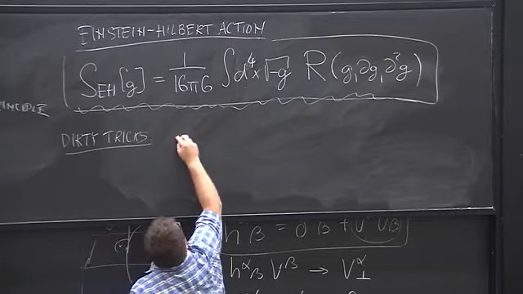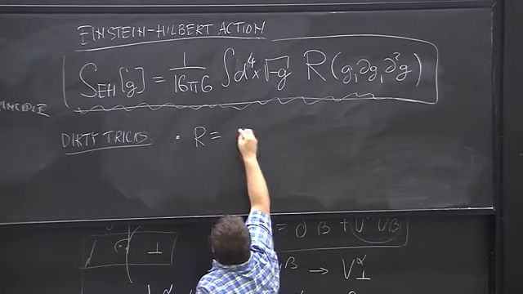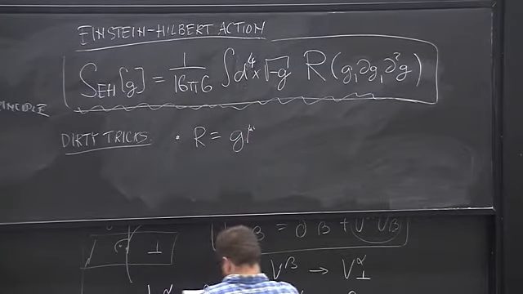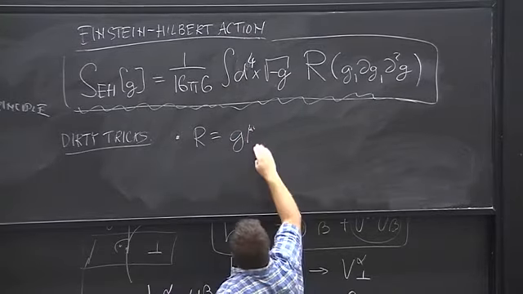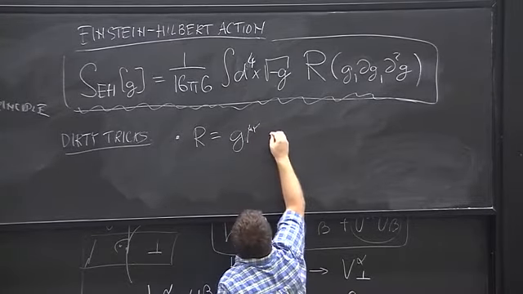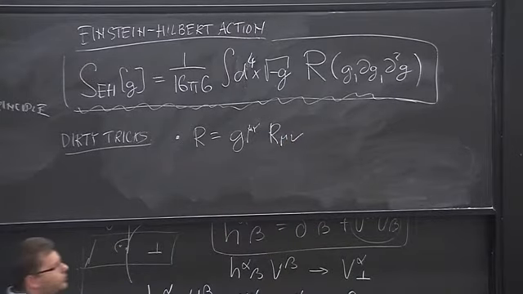But one trick you have to use is that the Ricci scalar is simply g mu nu, R mu nu. So it's a contraction of the Ricci tensor.